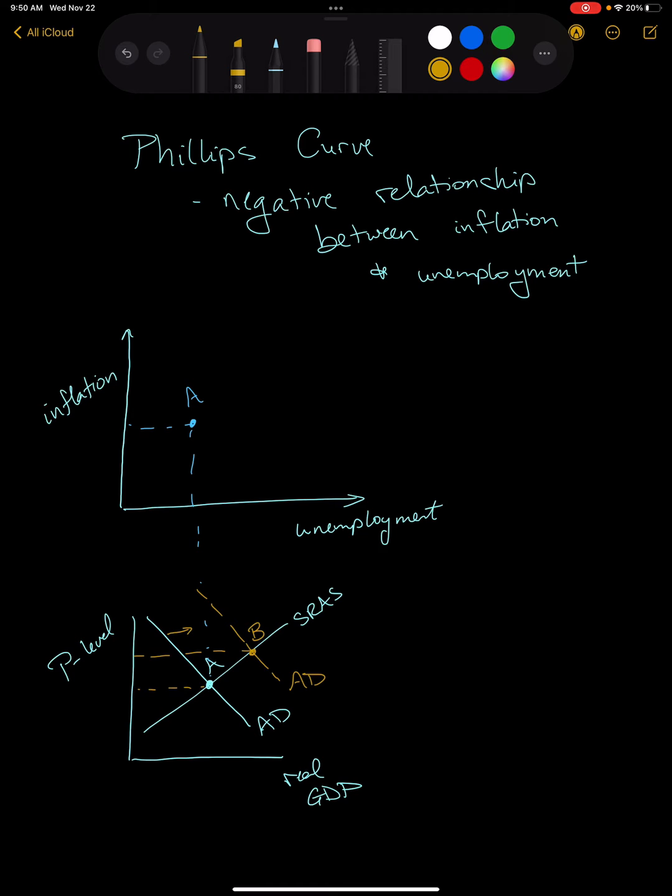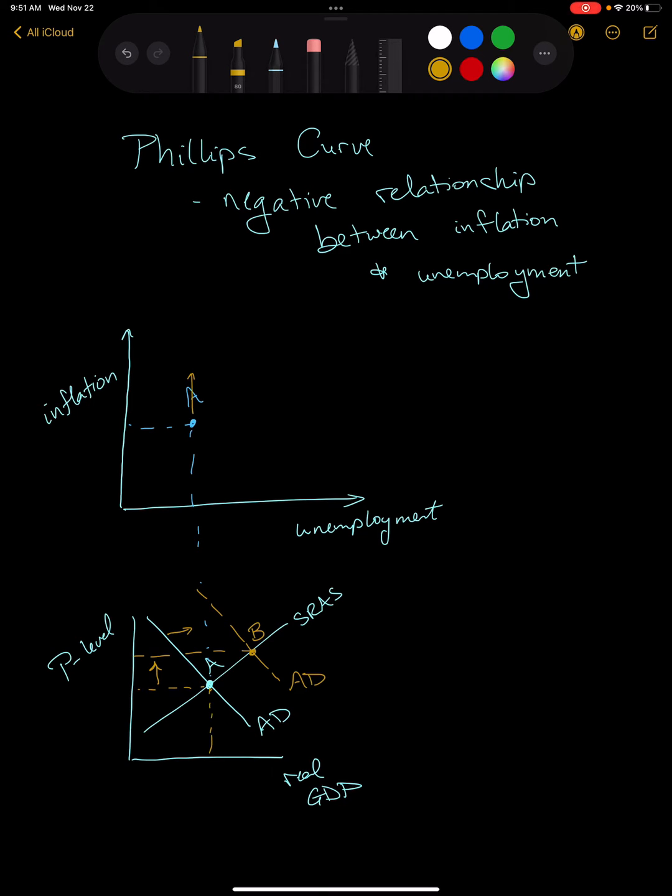As I shift from A to B, my price level goes up, which means I'm going to experience greater inflation. So relative to my point A on my Phillips curve, I'm going to experience greater inflation as aggregate demand goes up.